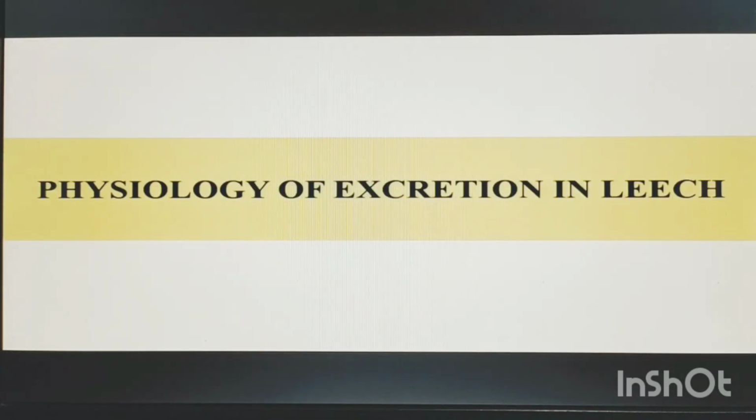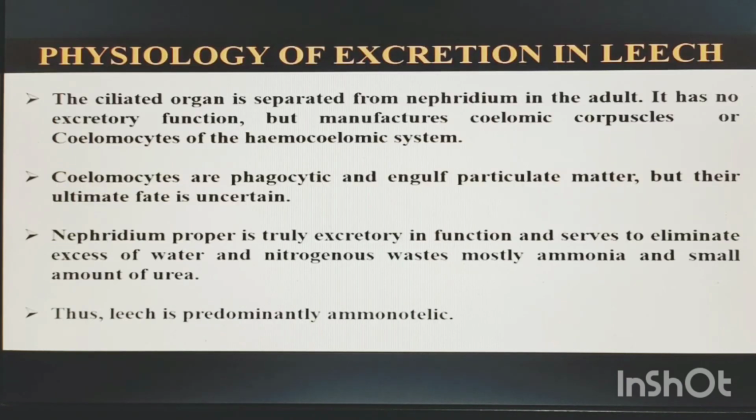Next topic is physiology of excretion in leech. The ciliated organ is separated from nephridia in the adult. It has no excretory function but manufactures coelomic corpuscles or coelomocytes of the hemocoelomic system. Coelomocytes are phagocytic and engulf particulate matter, but their ultimate fate is uncertain.